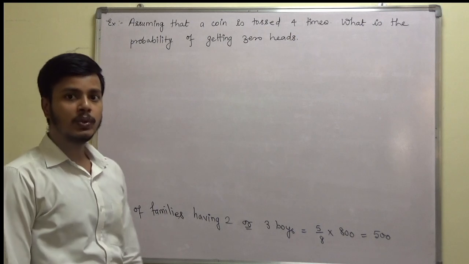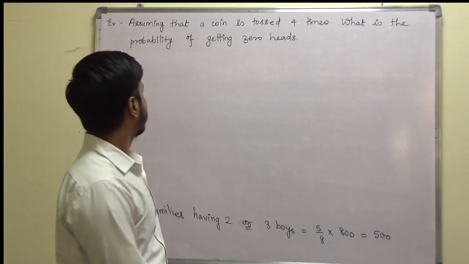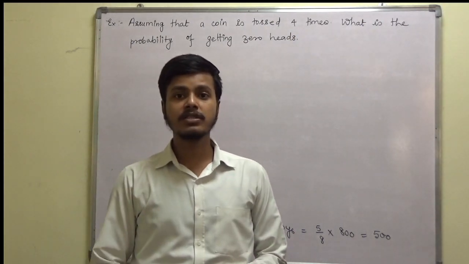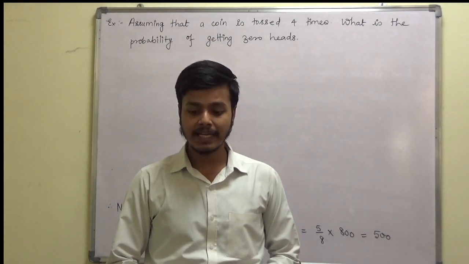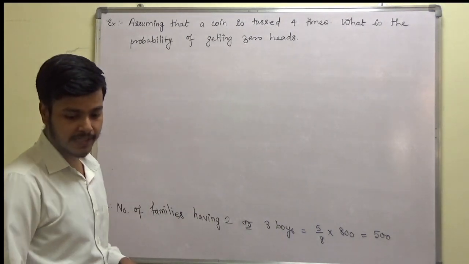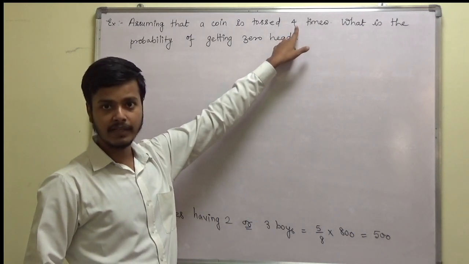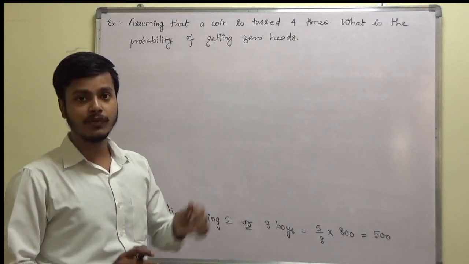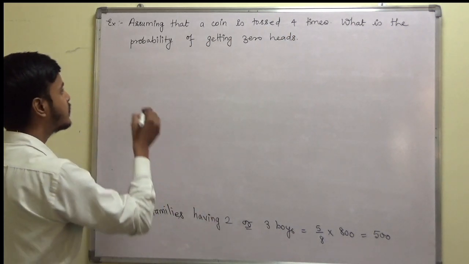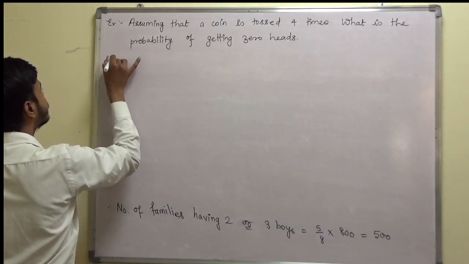Okay, so a coin, of course a fair coin, is tossed 4 times. So what is n? n is equal to 4, correct? So the number of trials is 4. A coin is tossed 4 times, so number of trials n is equal to 4.